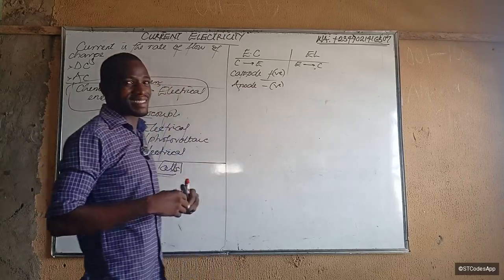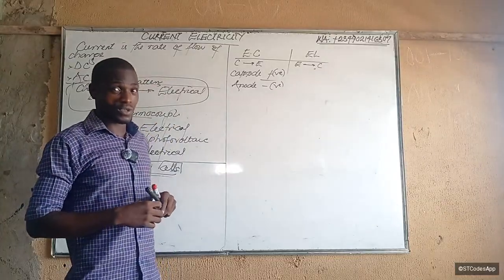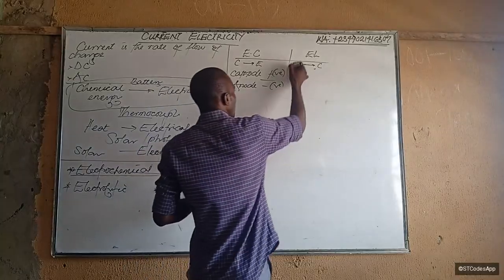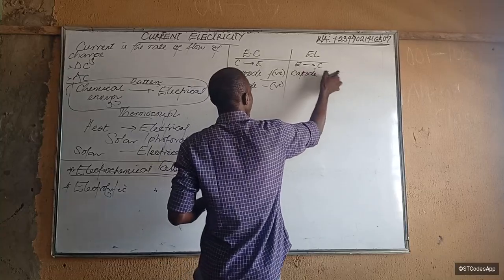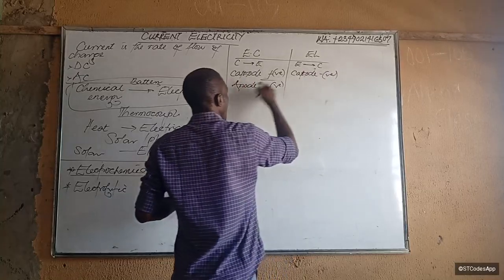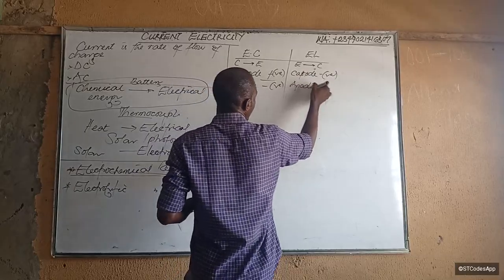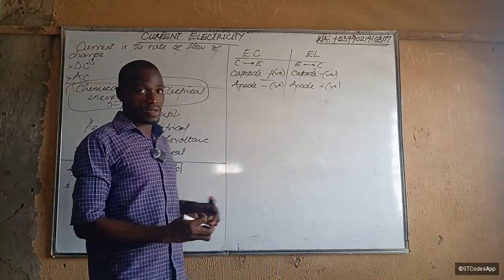Now, if this concept is not clear to you, you should see the video I'll link in the description on electrochemistry. It's very simple. Now, in the electrolytic cell, the cathode is the negative electrode, while the anode is positive. Don't misplace it. They are just opposite of each other.